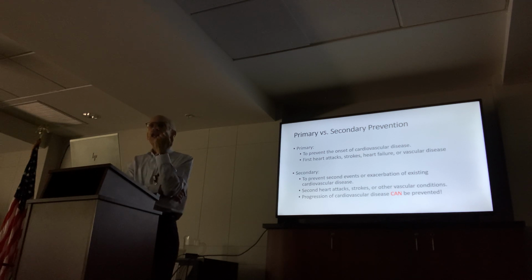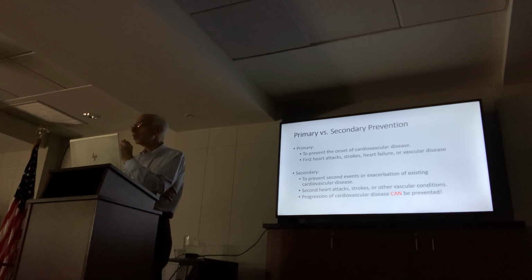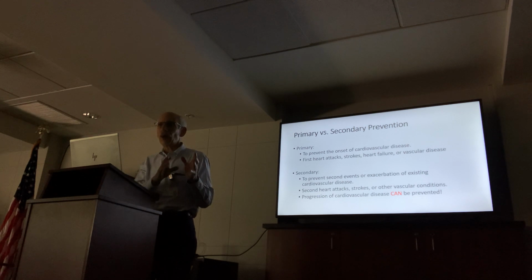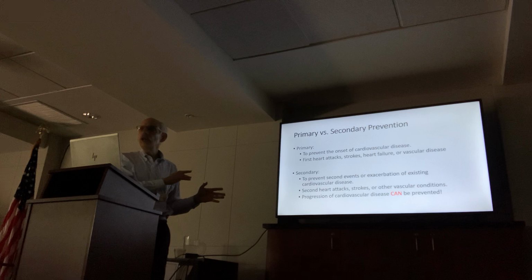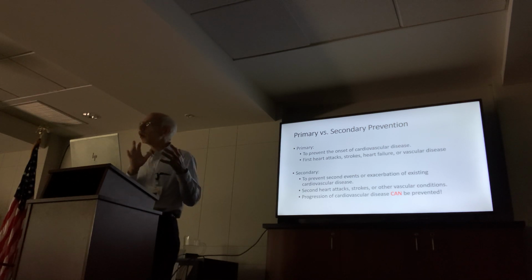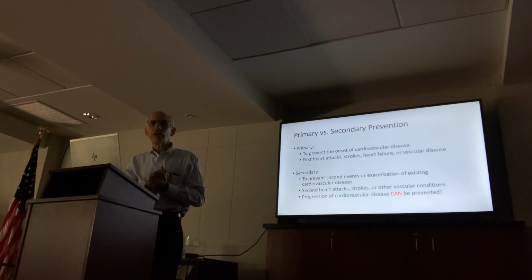We want to prevent a first heart attack, a first stroke, first heart failure, or first evidence of vascular disease. It means you're healthy now, and we want to keep you that way. And this is what the Healthy Aging Initiative is all about. It's trying to identify your particular characteristics and give you information ultimately about how you can stay as healthy as possible.